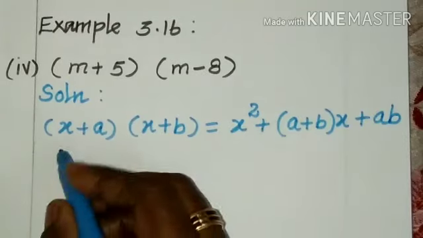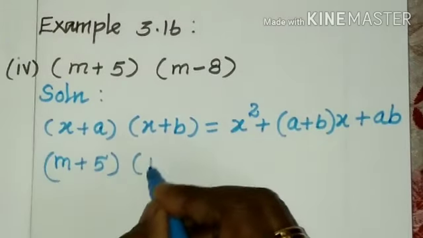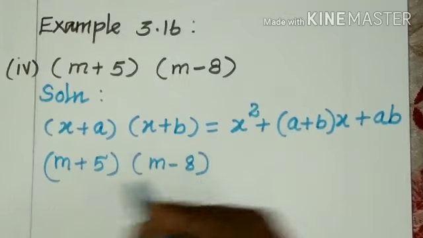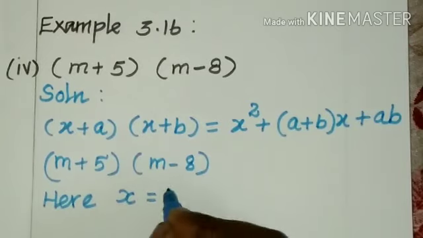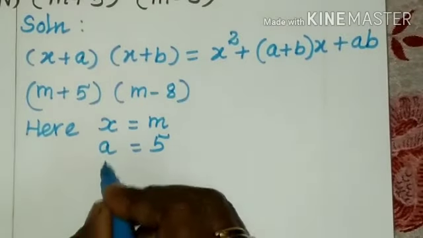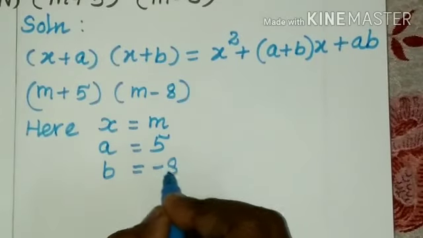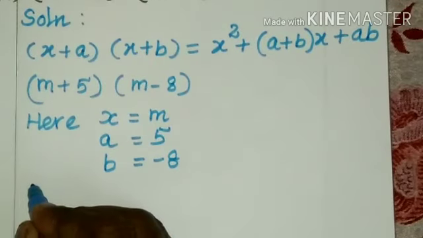Now let's see the sum. m plus 5 into m minus 8. Here x equal to m and a is equal to 5. b is equal to minus 8. Now we have to substitute in the identity.